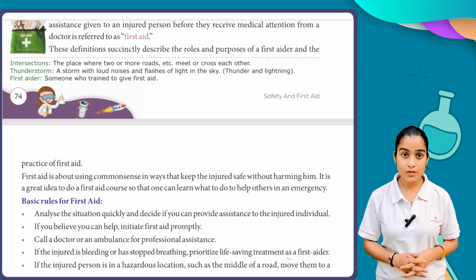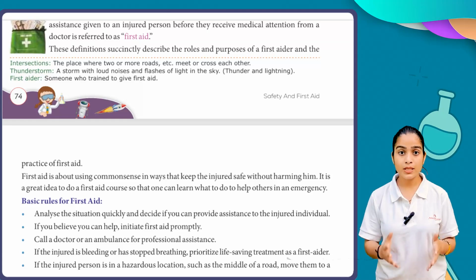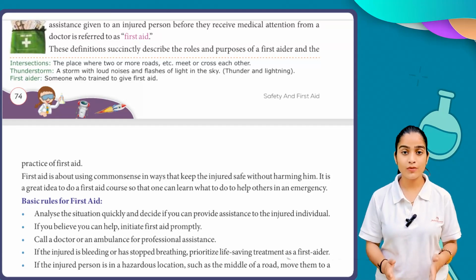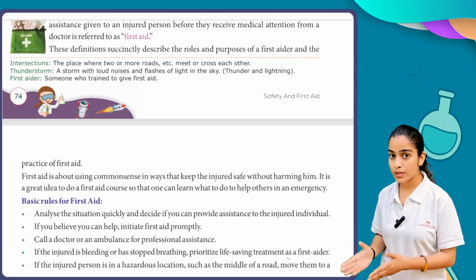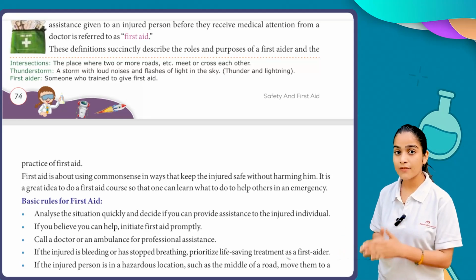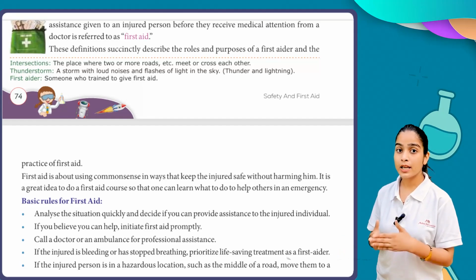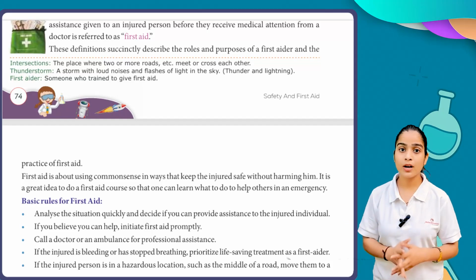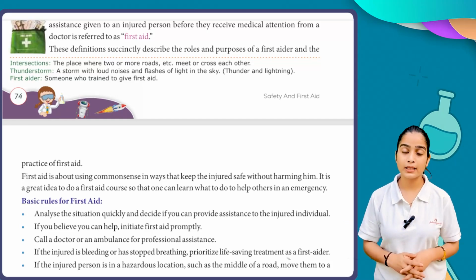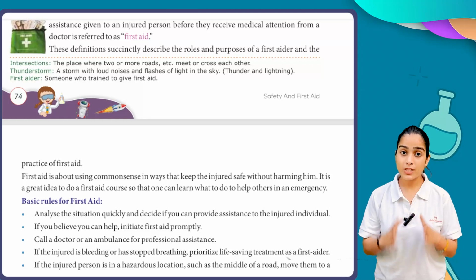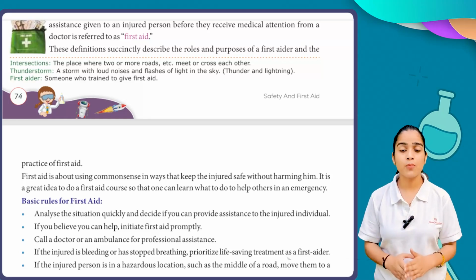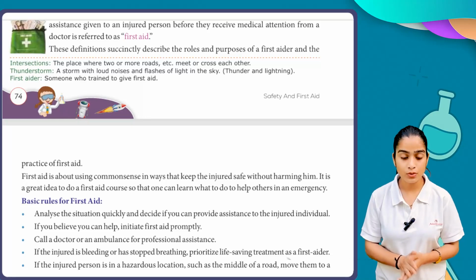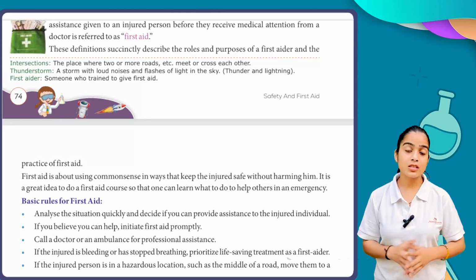So in an emergency, we use our common sense in such a way that we can save the injured person, we can save a life, and we can take them away from big dangers. That's why we use our common sense and we apply first aid. First aid is a very interesting and very important course for each and every person, so he or she knows what to do at these emergency moments.